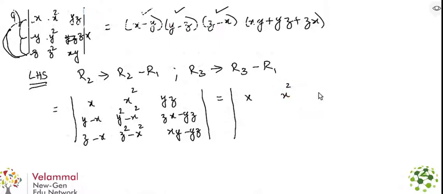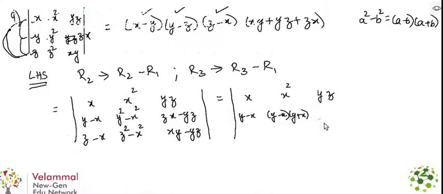x, x², yz. This is y minus x, this is y minus x into y plus x, because you know a² minus b² is a minus b into a plus b.